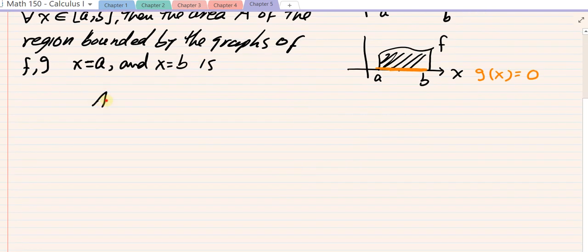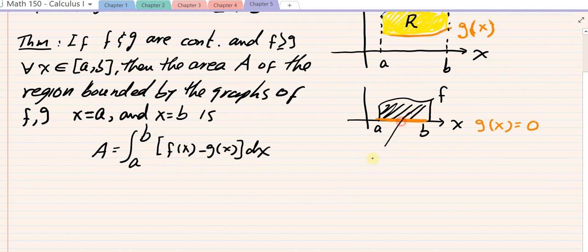The area, just as before, is going to be the definite integral from a to b of f of x minus g of x dx. And again, in the case where the region looks like this, g of x is 0, so we get the familiar f of x dx.